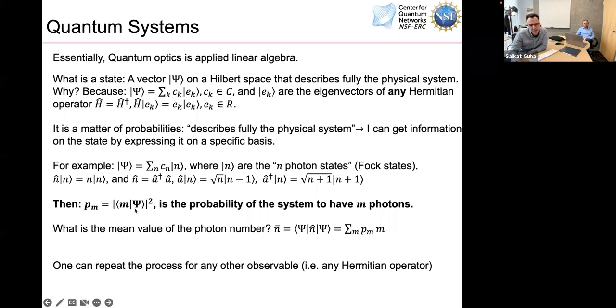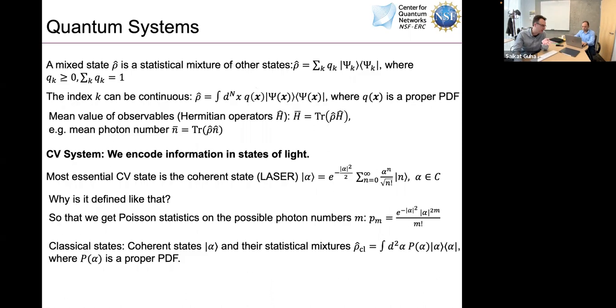Now, you can repeat the same thing with any other kind of Hermitian operator. For example, this Hermitian operator H is not the N operator anymore, it can be the position operator. So you can ask, what is the probability of my physical system, which is described by the vector psi, to have some specific canonical position or some canonical momentum, and so on and so forth.